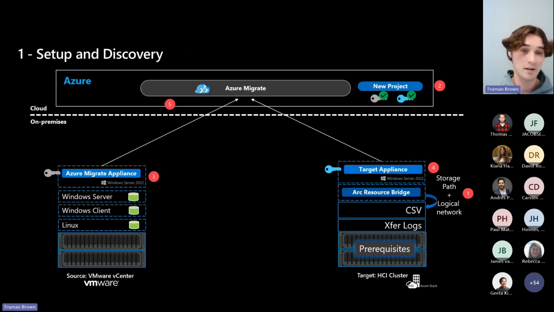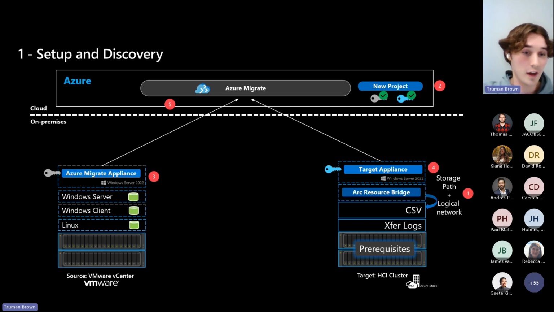But moving on, just to make sure I fit within the time, I'm going to go quickly over what the actual process looks like from a diagram perspective so you can understand how our solution does all the things that I just talked about, like agentless migration, like no impact replication. So let me just set the stage here a little bit. So here is a typical, let's say, user environment.